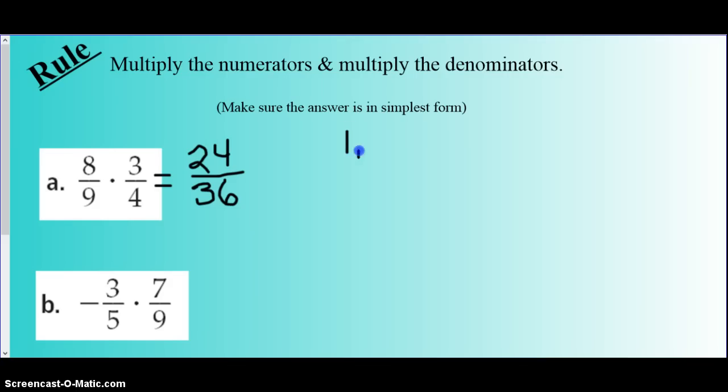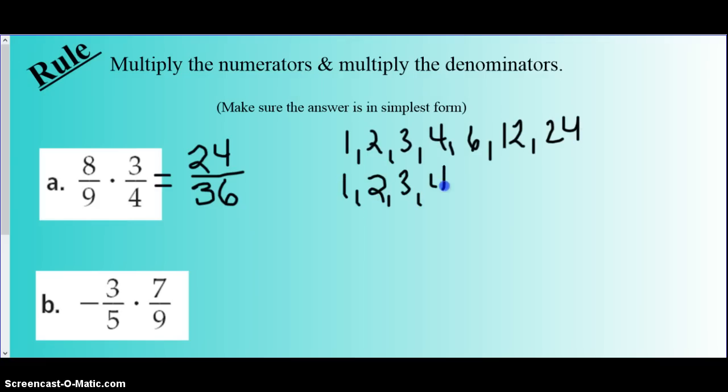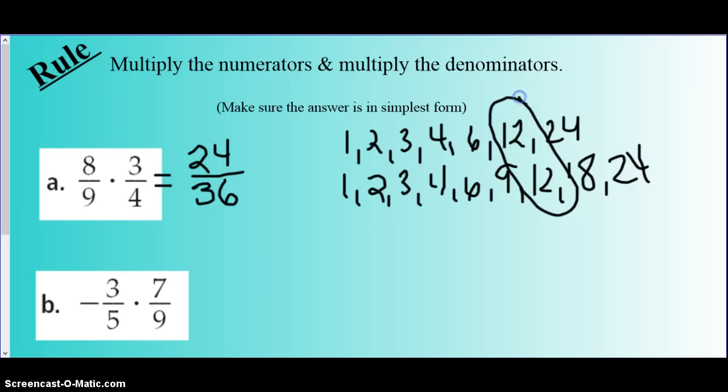As you can see, we've got 1, 2, 3, 4, 6, 12, 24, and 1, 2, 3, 4, 6, 9, 12, 18, 24. Takes a while to list all those, and if you're not as fast at multiplication as I am, it takes you a little bit longer than even me. So as you see, our greatest common factor is 12.